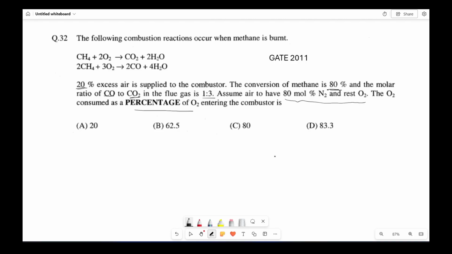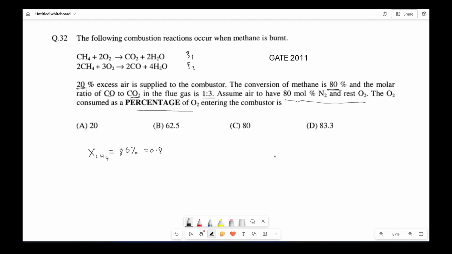So we will first write down whatever is given, and suppose this is the extent of reaction zeta 1 and this is the extent of reaction zeta 2 for the first and second reaction. 20% excess air is supplied. So the conversion XCH4, which is given in the question, is 80%, which is 0.8.